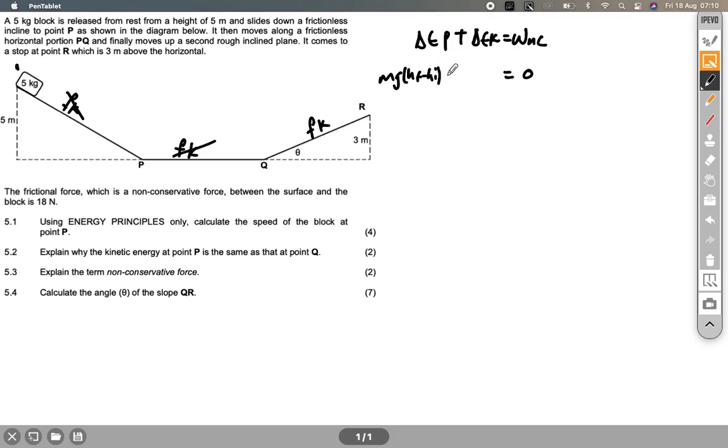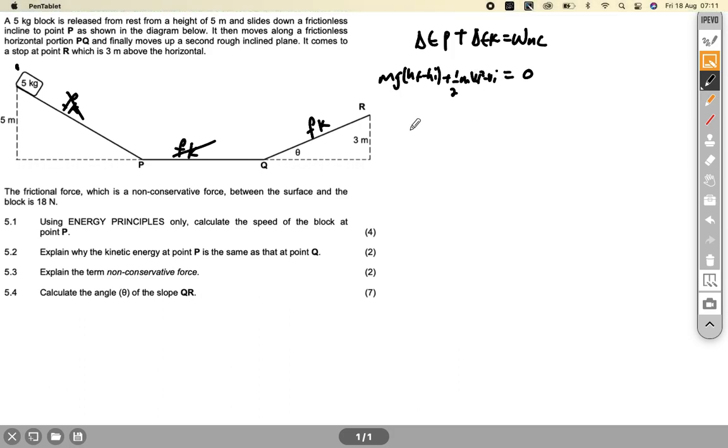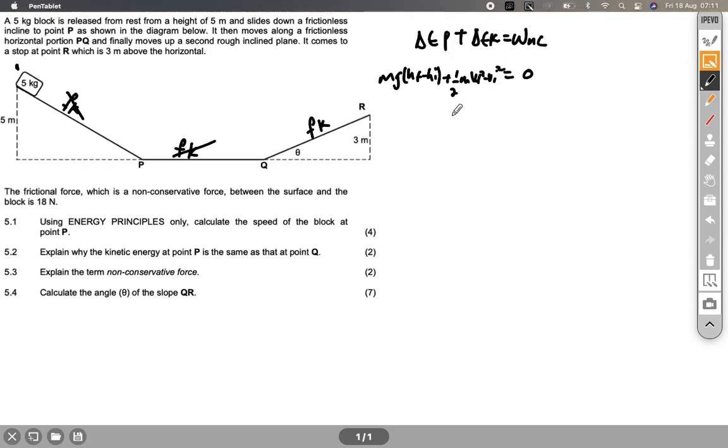And then our kinetic energy would be half m (v final squared minus v initial squared). Okay, and then our mass is 5 multiplied by gravity, which is 9.8. And then h final is 0, while h initial was 5 meters, plus half the mass, which is 5.